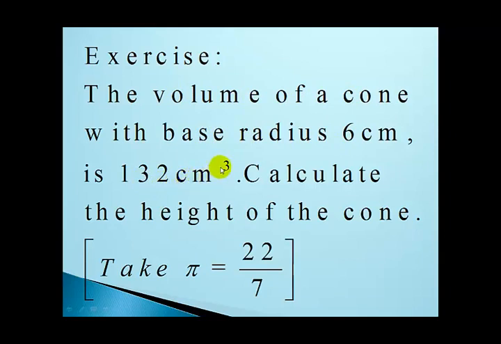Now we have to calculate the height of the cone given the constant pi to be equal to 22/7. How do we solve this problem?